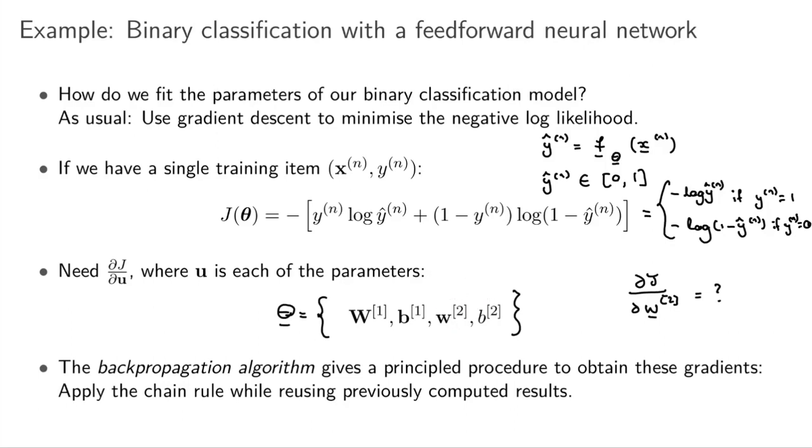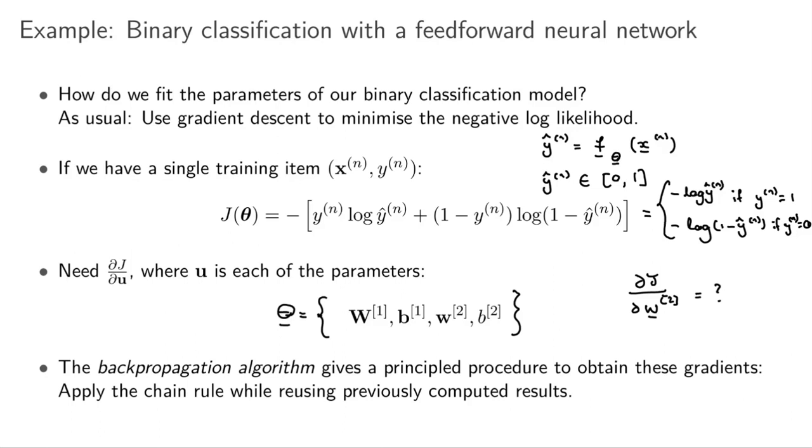But what the backpropagation algorithm gives us is a principled procedure to obtain these gradients, these derivatives that we need for gradient descent. Basically, we're going to apply the chain rule of differentiation while reusing results that we've already computed.